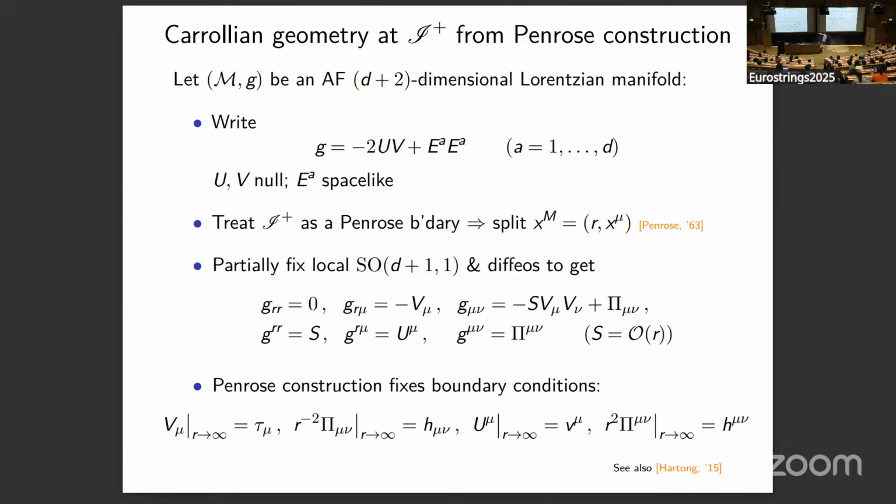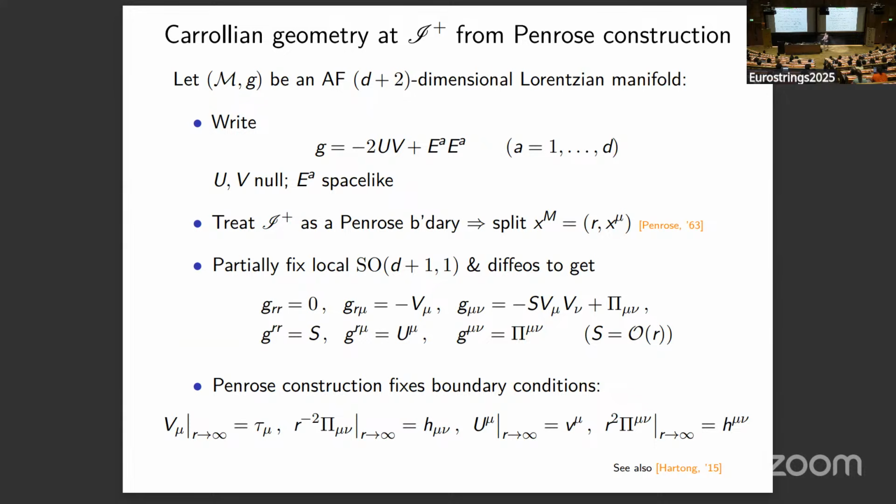And then this Penrose construction fixes the boundary conditions for the fields that appear in these objects. And precisely what happens, and we will see exactly how this goes, is that when we go to the boundary, these objects essentially give rise to this Carrollian structure that I showed you on the previous slide.